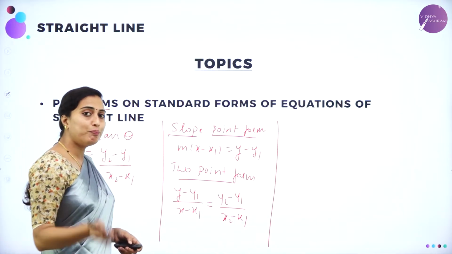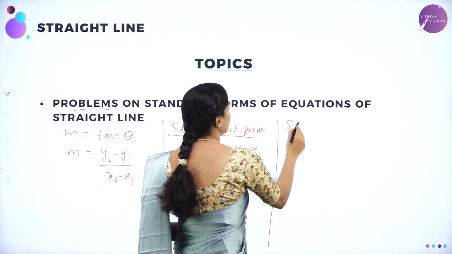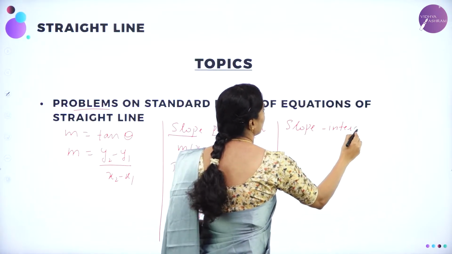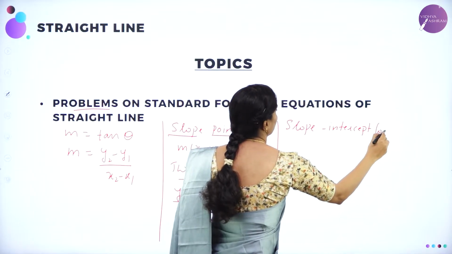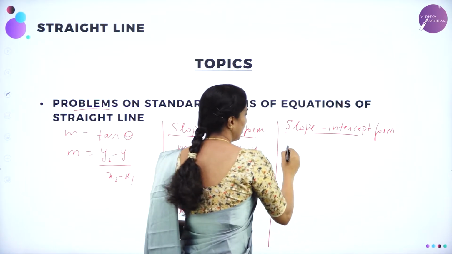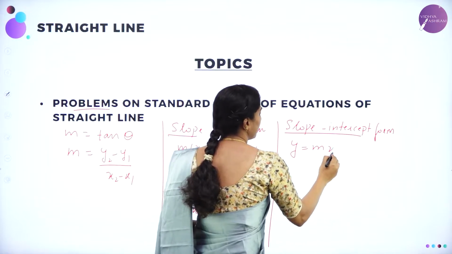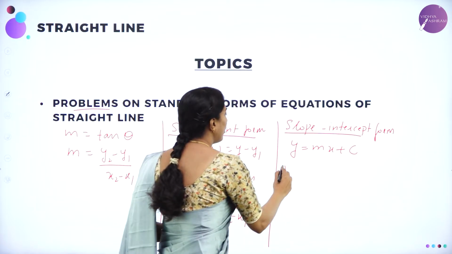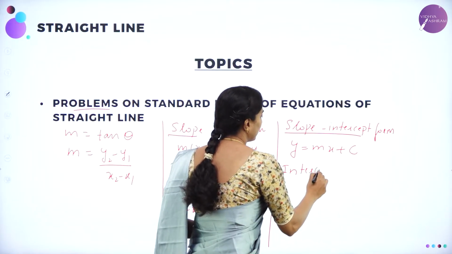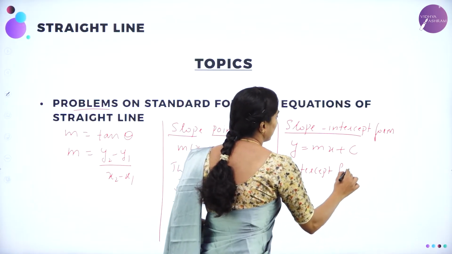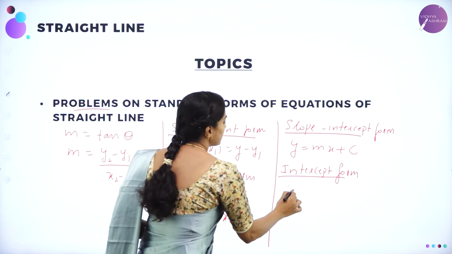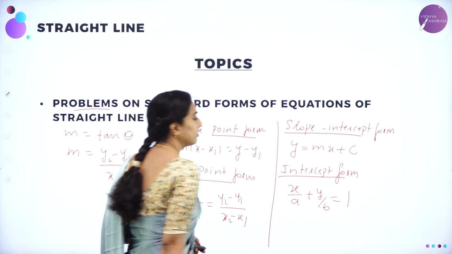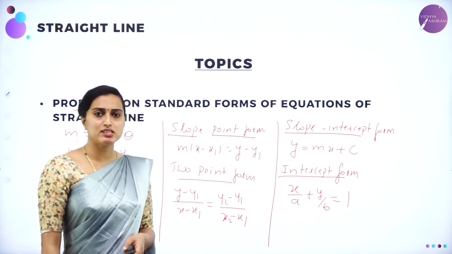Similarly, slope intercept form is given by y is equal to mx plus c, where c is called the y-intercept. Intercept form is given by x by a plus y by b is equal to 1, where a is called the x-intercept, b is called the y-intercept.